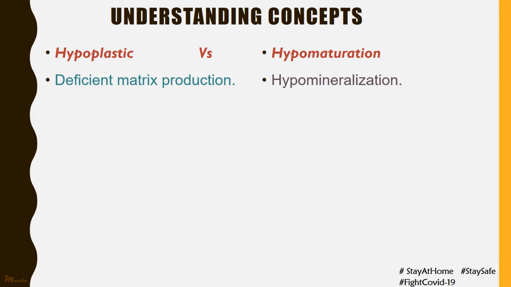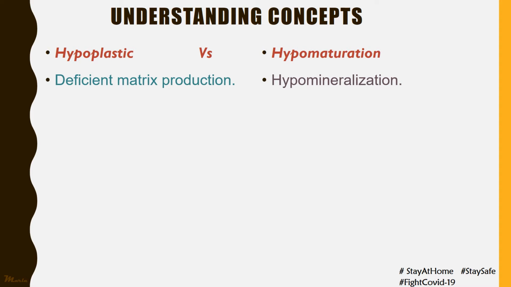Hypomaturation means there will be hypomineralization. Basically, all the hard tissues in the body are developed in two phases. The initial phase will involve a production of a matrix, which will further undergo mineralization in the second phase, also known as mineralization. So a developmental anomaly may broadly affect the matrix production stage or the mineralization stage.